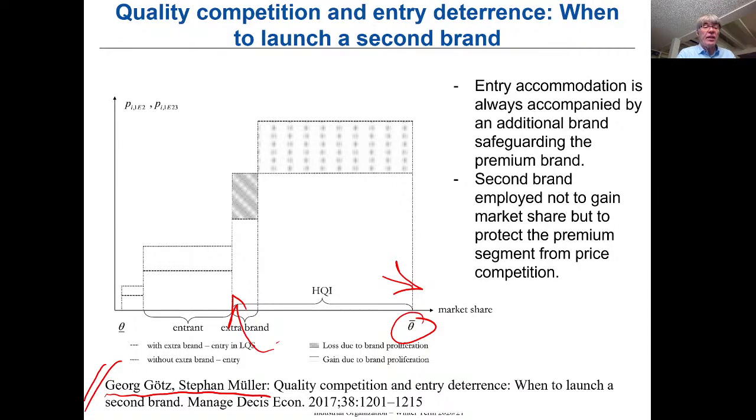In a sense, it's slightly opposite from what we just saw in the case study on Boeing and Airbus. Here it shows you what you get in terms of profit if you have to accommodate entry.